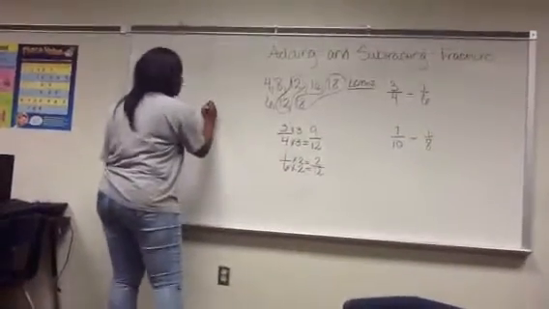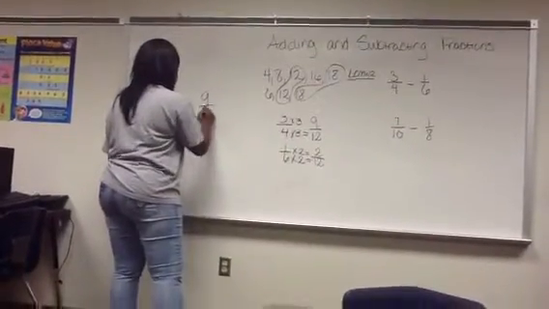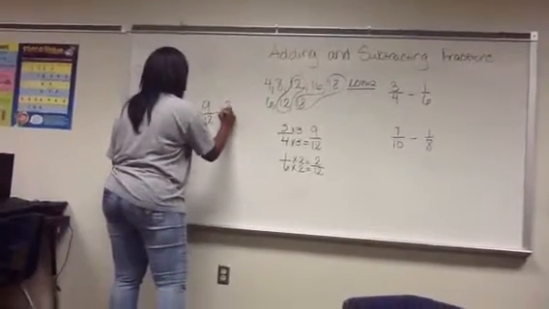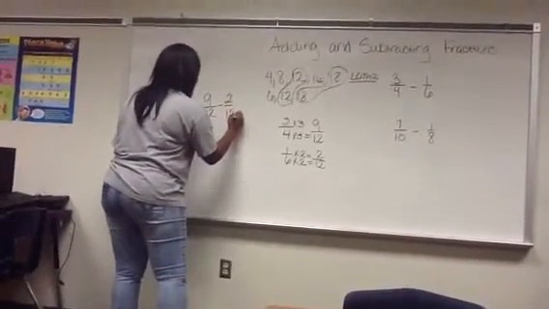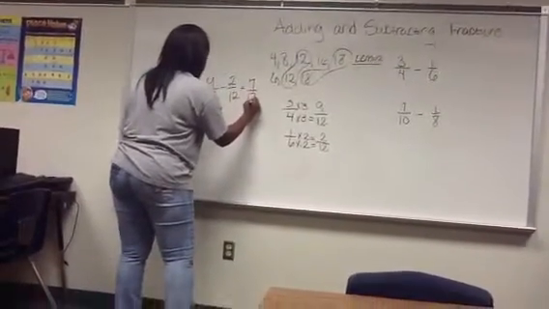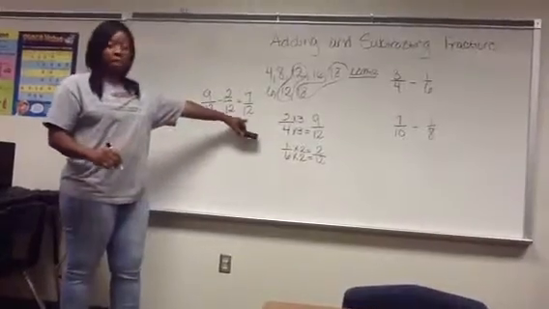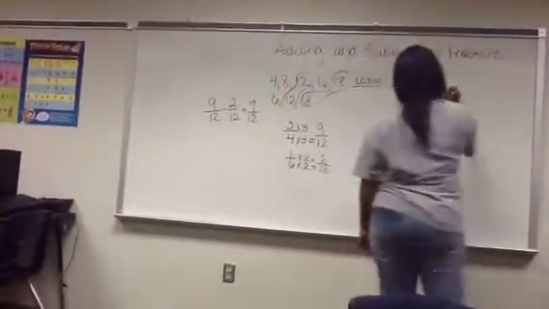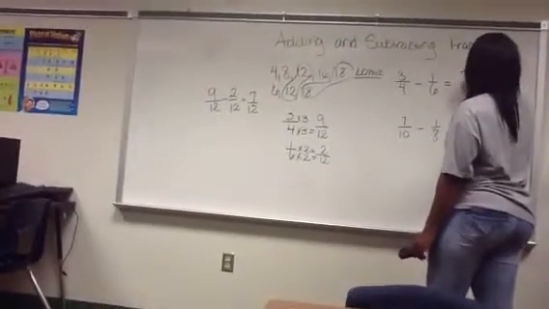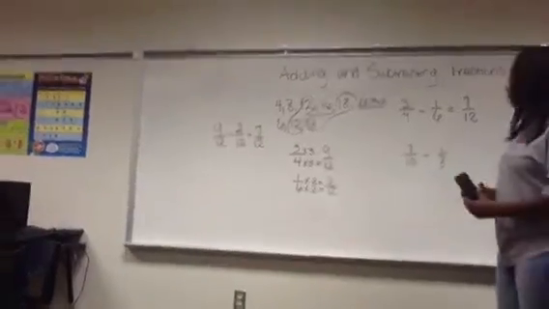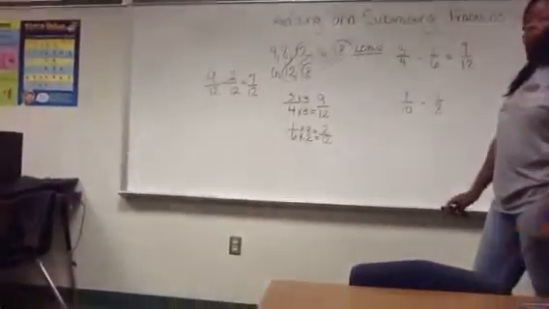So I'm going to rewrite using my brand new fractions with the same denominator. 9/12 minus 2/12 is equal to 7/12. And this would be my answer. So 3/4 minus 1/6 is equal to 7/12. Okay, we've got one more.